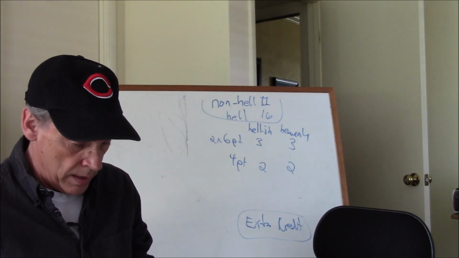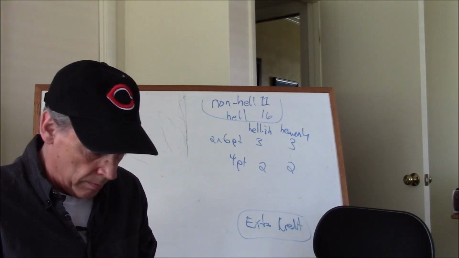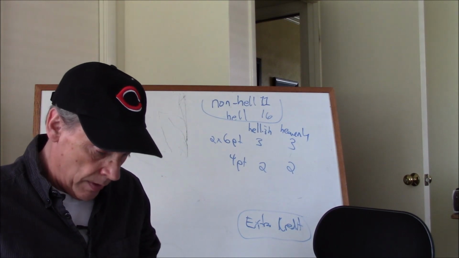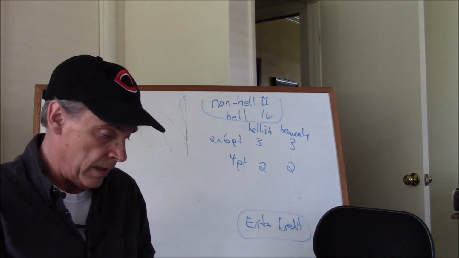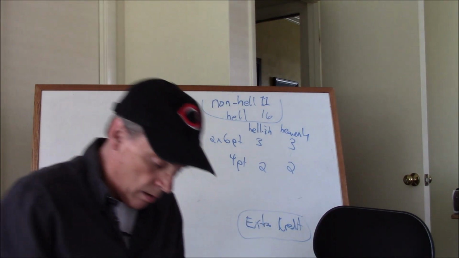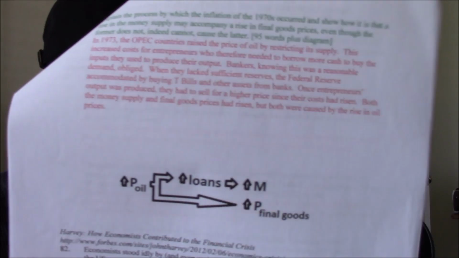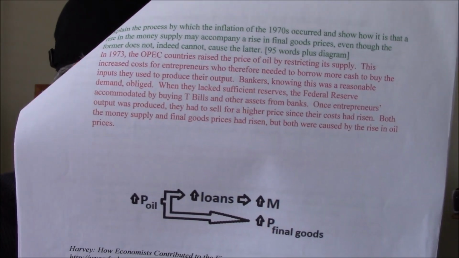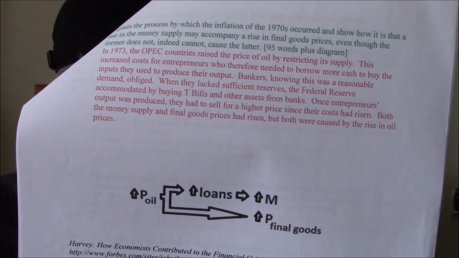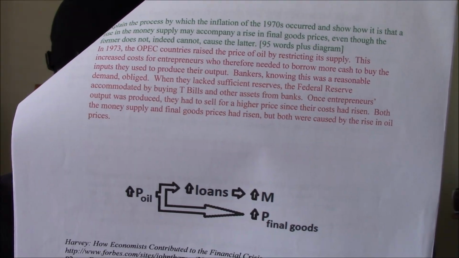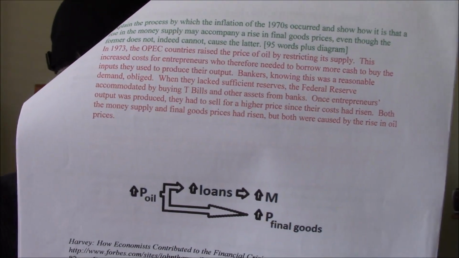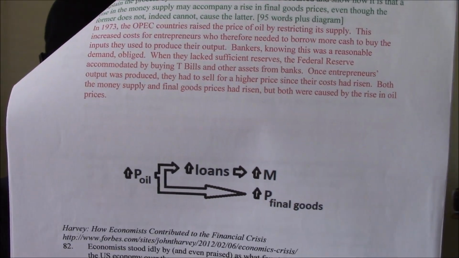The reason why in the post-Keynesian view that MV equals PY is really all in 81. In 81, we had an example of inflation from OPEC. And because the costs were going up, firms had to borrow more money, and that caused the money supply to go up.